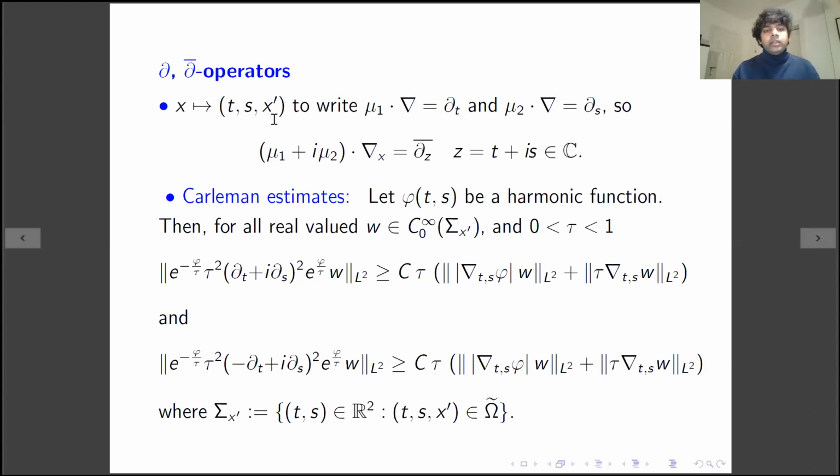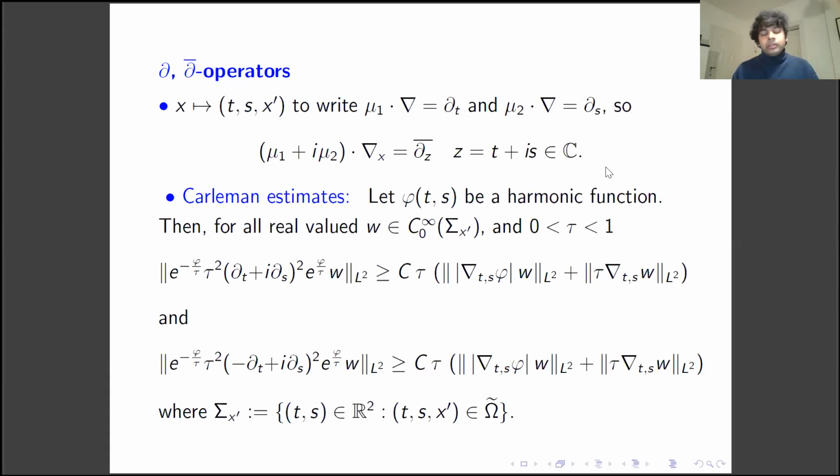So basically thinking of mu1 and mu2 as e1 and e2 in standard coordinates. If we do so, then mu1 dot grad becomes del t, and mu2 dot grad becomes del s. And then I can realize (mu1 plus i mu2) dot grad as a d-bar operator. So that means I reduce the problem to the d-bar operator.